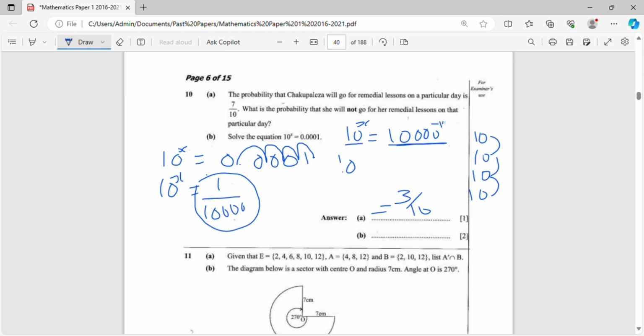So it will be 10 to the power x is equal to 10, raised to the power 4, and it will multiply by the power of negative 1 there. Therefore 10 to the power x will be equal to 10 to the power negative 4. Now we've achieved the same bases, so the bases will cancel. So x will be equal to negative 4.